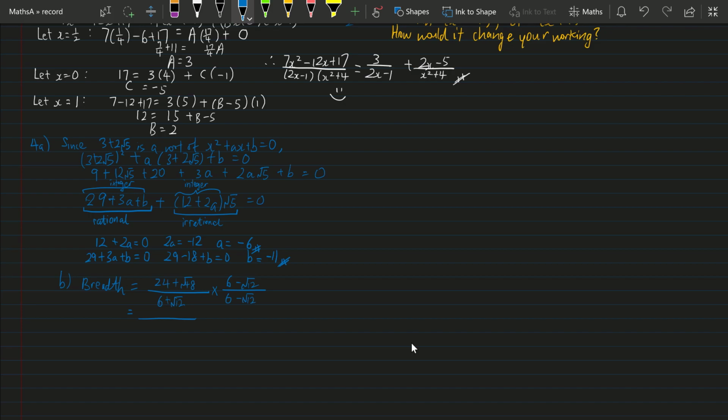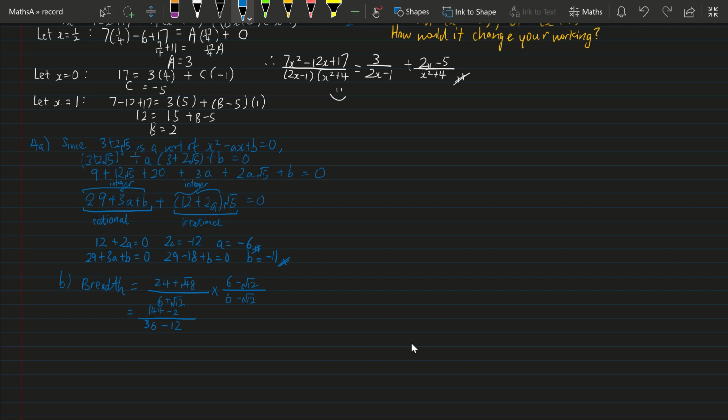So 6 plus square root 12, a plus b times a minus b, so it's a square minus b square. So square root 12 is just squared, you get 12. So far, so good. Then on top, 24 times 6 is 144.